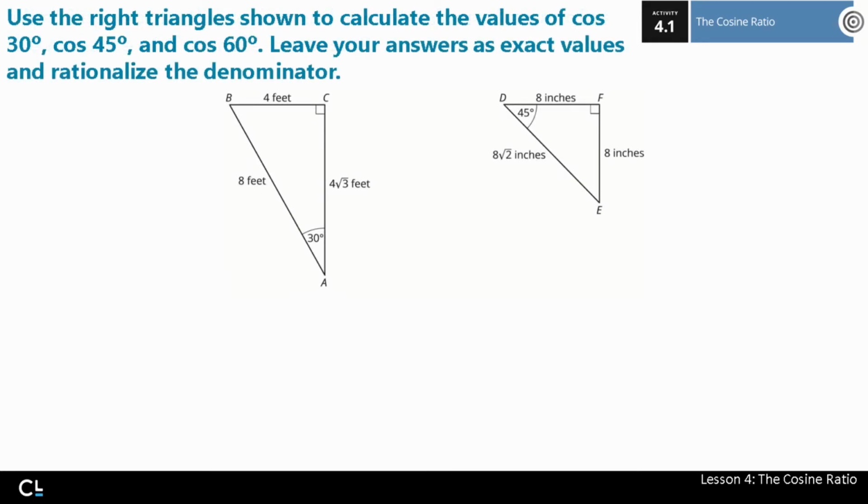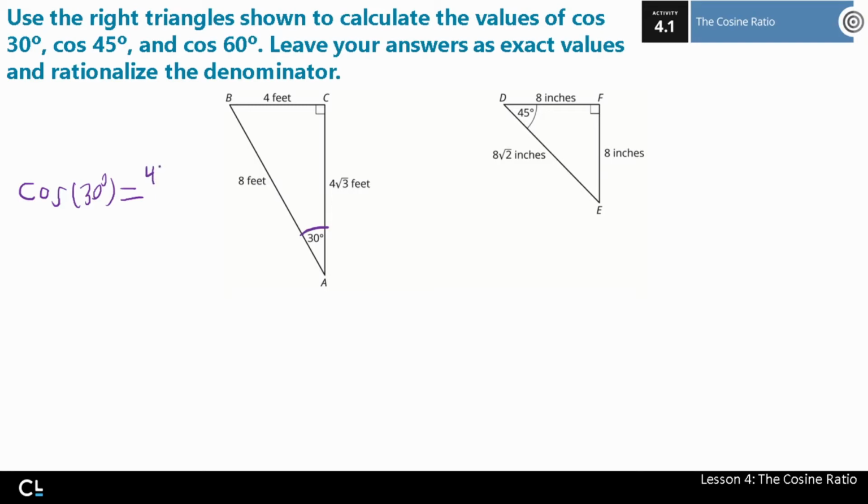So for our first one, we already did this, right? For our 30, 60, 90, we already found the cosine of these, right? But let's just do it again. So cosine of, here's my 30-degree angle down below. I'm gonna mark it in purple. So the cosine of 30 degrees is going to be equal to my adjacent, 4 radical 3 over 8.